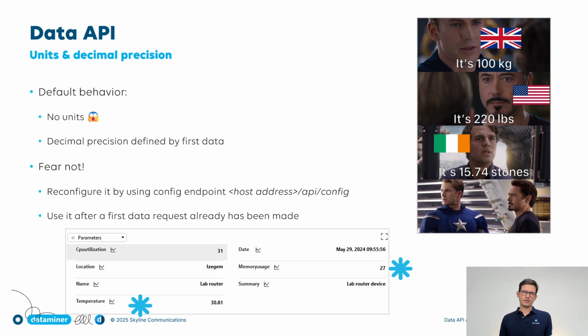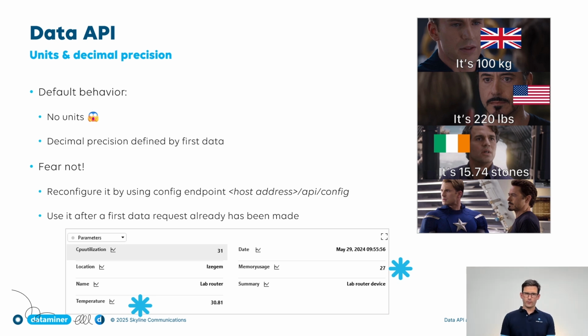Of course, you need to have units. If we talk about bandwidth, what is it? Kilobits, megabits. We need to make that available, but you can configure that, and that's through the configuration endpoint. So no units by default, but you can configure it. I'll show you how to do that in one of the next slides.